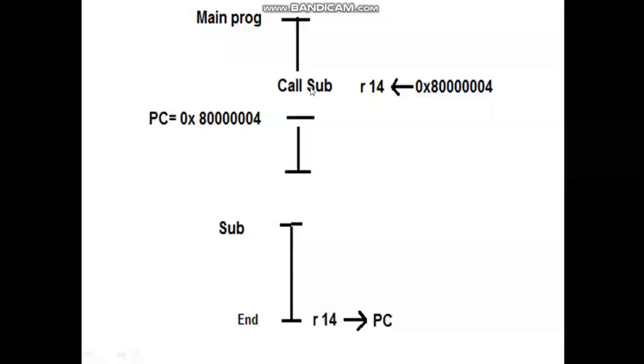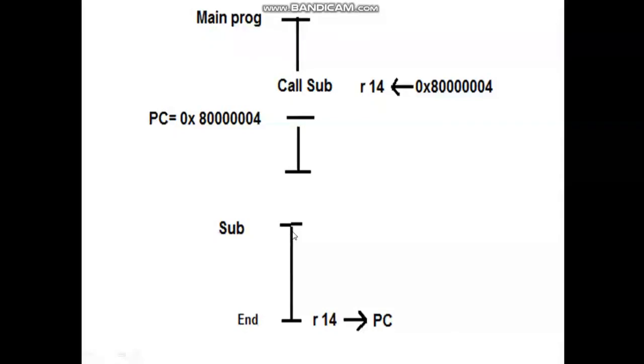So during execution of this instruction, the content of the program counter is saved in this link register R14, and then the program counter is loaded by the start address of the subroutine, so that the execution is transferred to the subroutine. So that's how the call instruction operates.